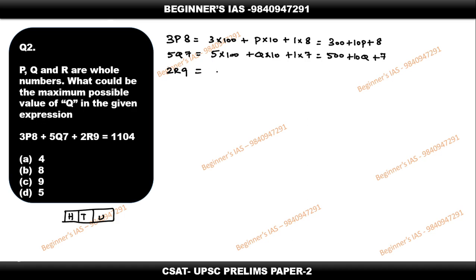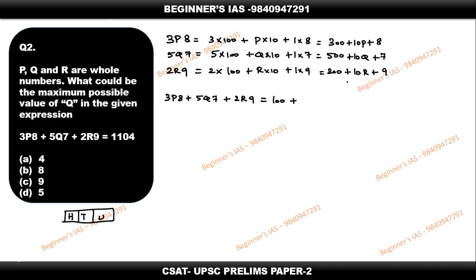Then proceed the same way. 2 into 100 plus R into 10 plus 1 into 9. 200 plus 10R plus 9. So it is given that 3P8 plus 5Q7 plus 2R9, we have to add everything. So simply add. So therefore 1000.